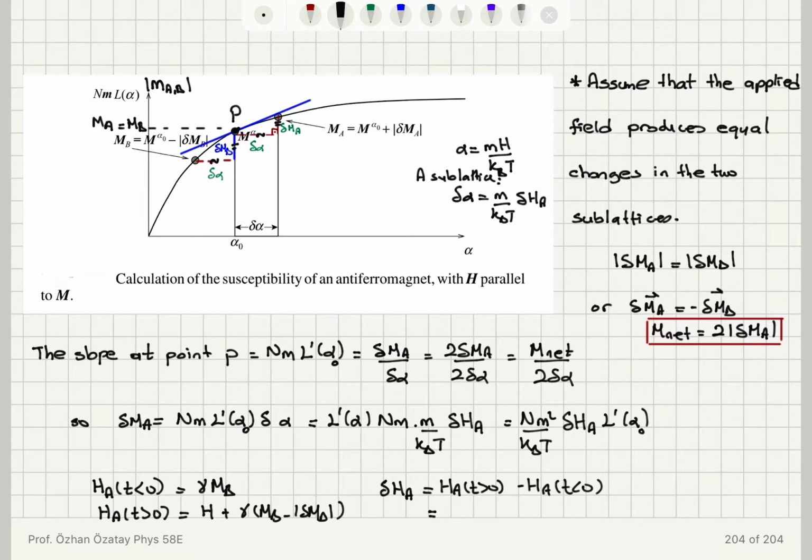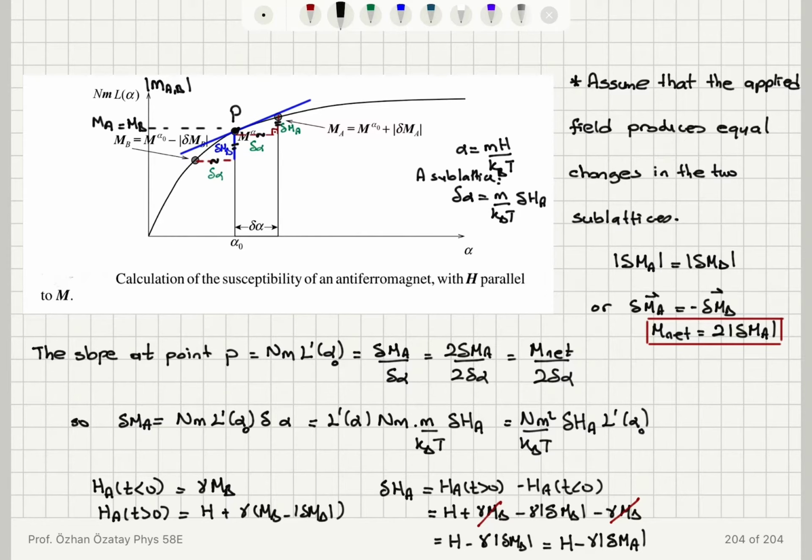For t greater than 0, I have H plus gamma M B minus gamma delta M B. And for t less than 0, I had gamma M B. So basically, I find that the gamma M B terms disappear, so it is going to be H minus gamma delta M B, which I have assumed to be equal to delta M A. So H minus gamma delta M A. So this will be the additional magnetic field acting on the A sublattice.